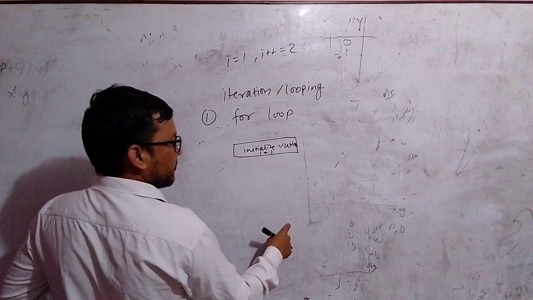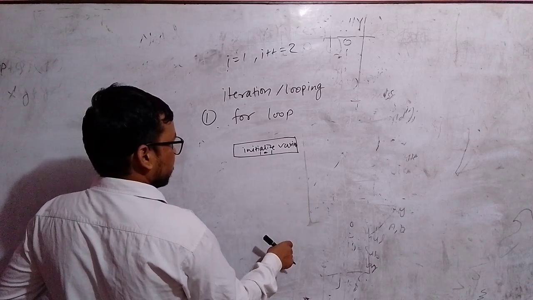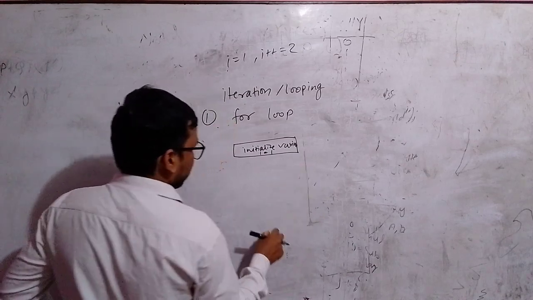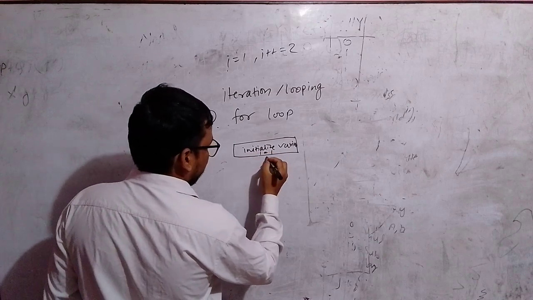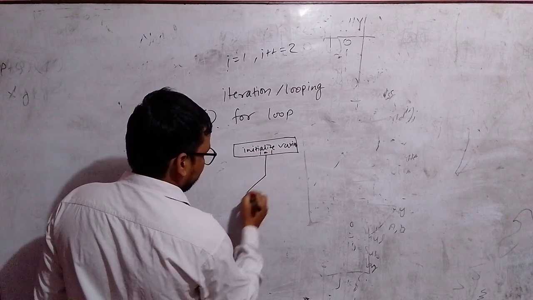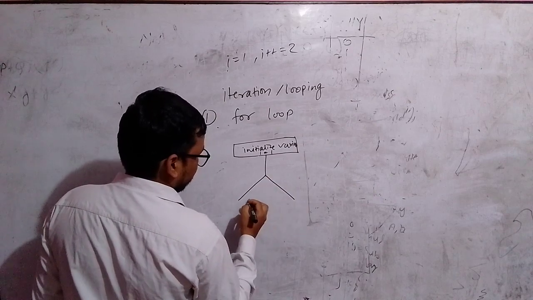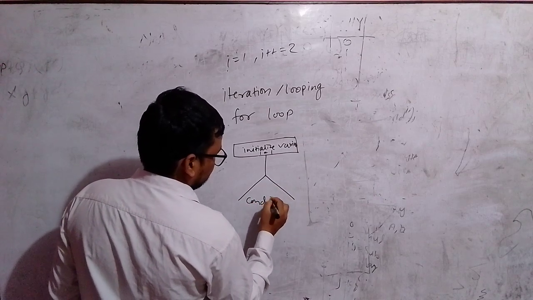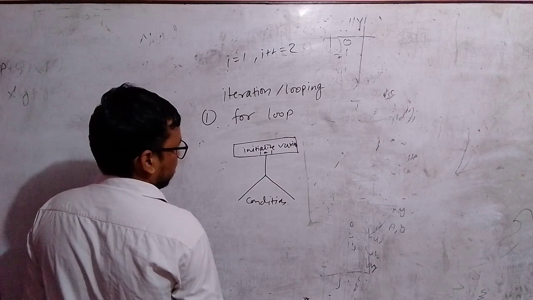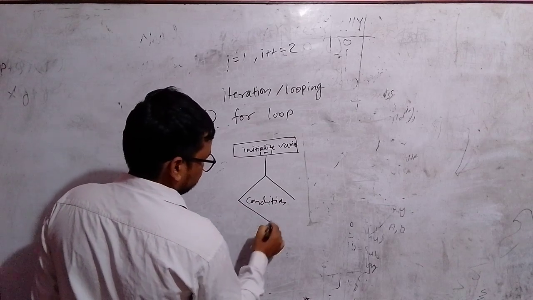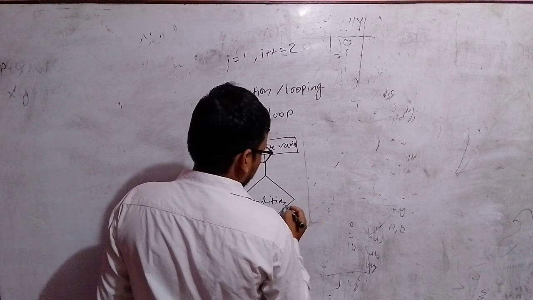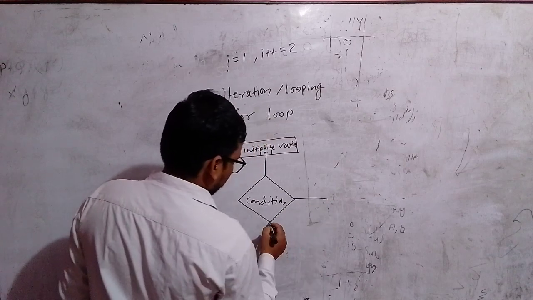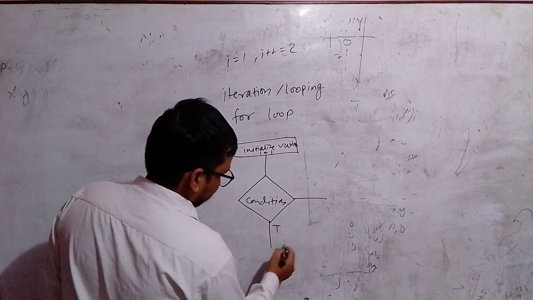According to our program, we have just written here I is equal to 1. We have initialized the value of I and it checks the conditions. Check the conditions. Suppose it is true.